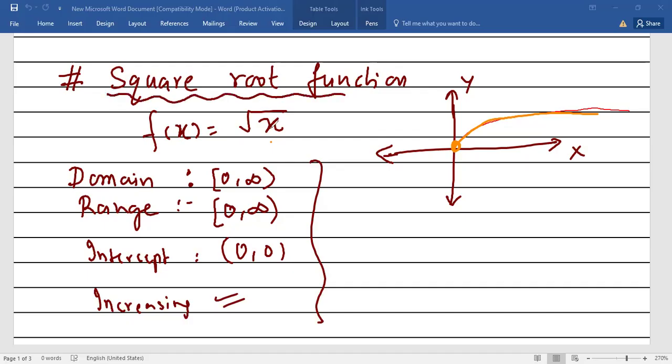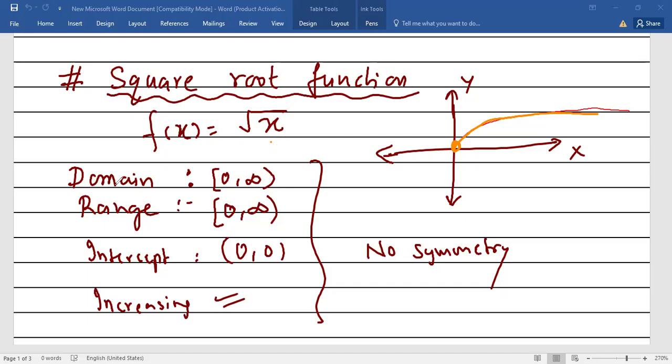This function has no symmetry. It is neither odd nor even. That we cannot say, because we cannot take negative numbers. There is no meaning of it.